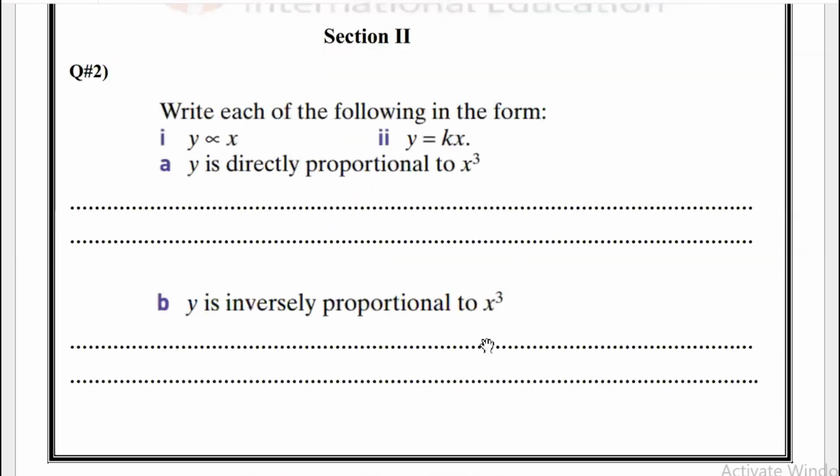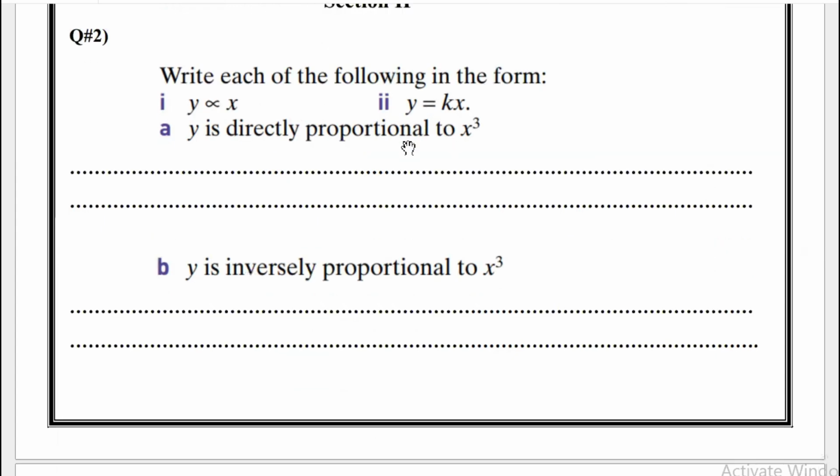And here we have questions on how to write when it is directly proportional and how to write when it is inversely proportional. So question number 2 is all about this. The first, y is directly proportional to x cubed. So we can say y is proportional to x cubed, and secondly we can write the answer y is equal to k x cubed.